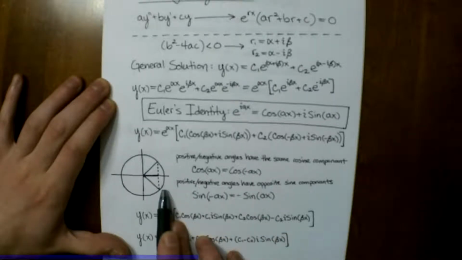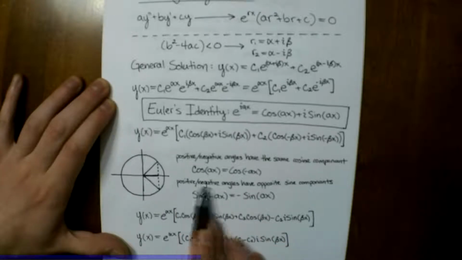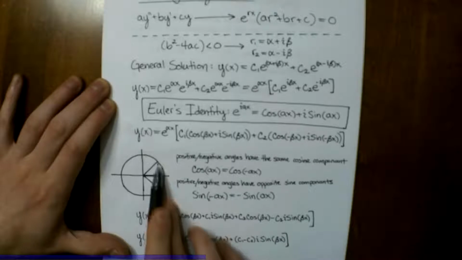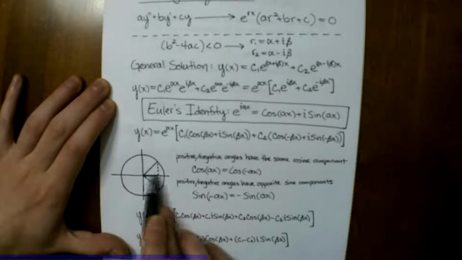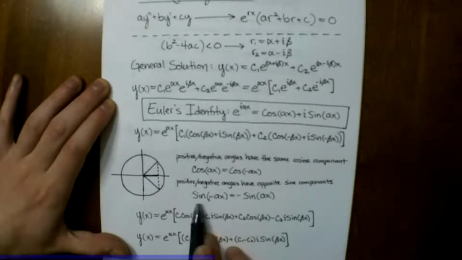On the contrary, for sine, the positives and negatives of the same angle have opposite components. So here are the sine components. Here's the positive angle's positive sine component, and the negative angle's negative sine component. So then the sine of the negative angle is the opposite of the sine of the positive angle. So we may write this expression.